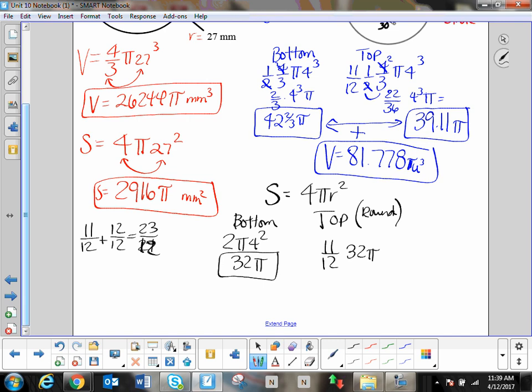So 11/12ths of 32 pi. So 11 times 32 divided by 12. 29 and a third. Okay, so there's 2 so far.